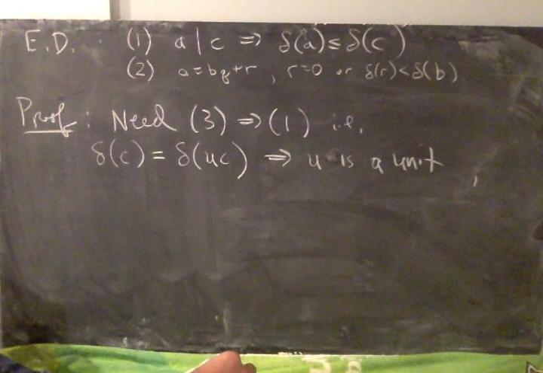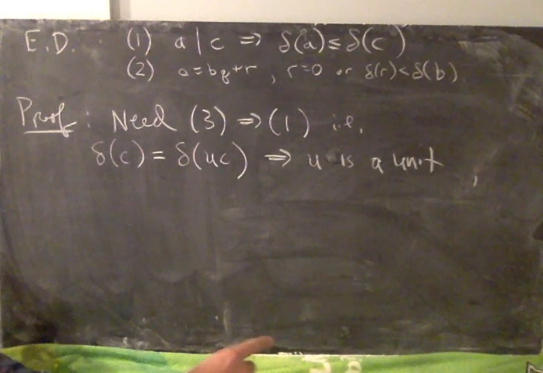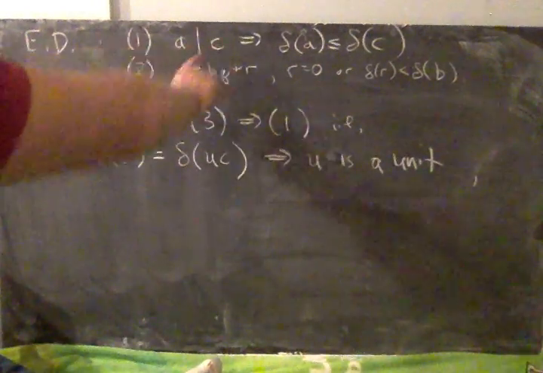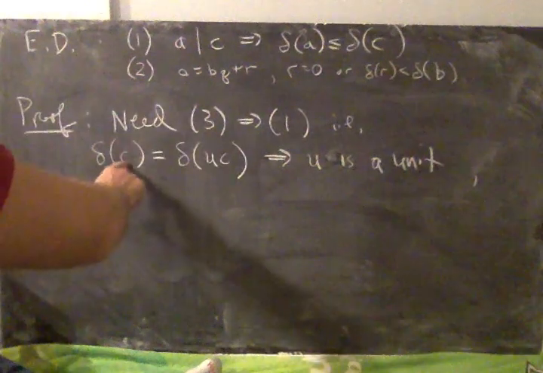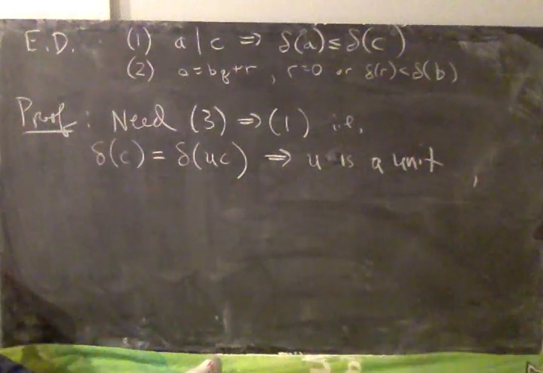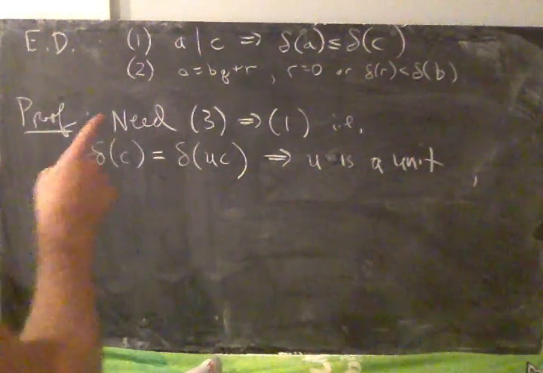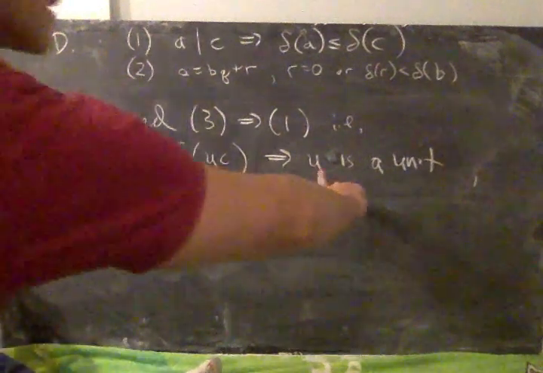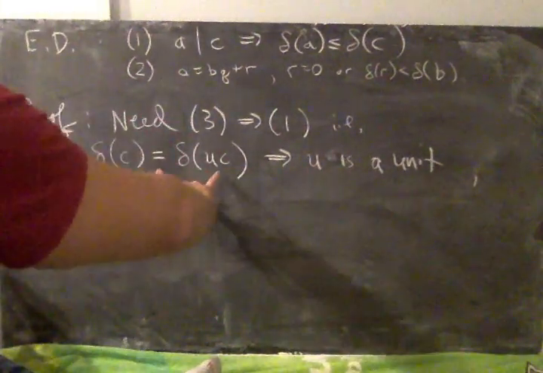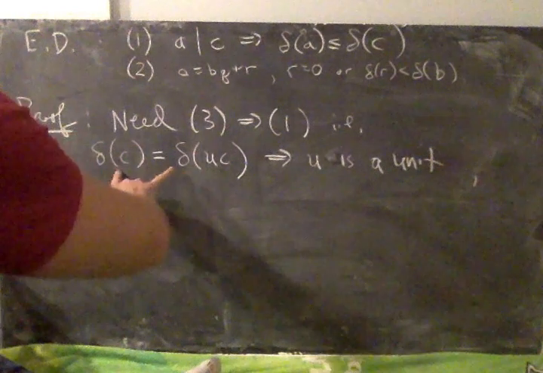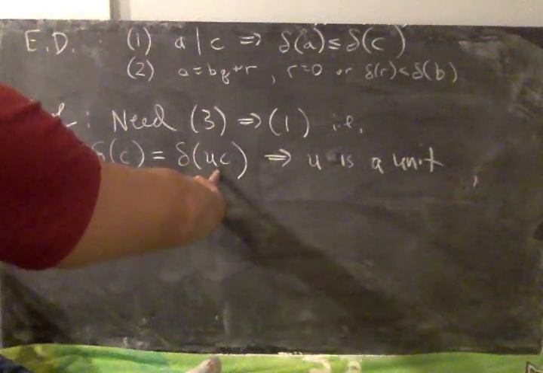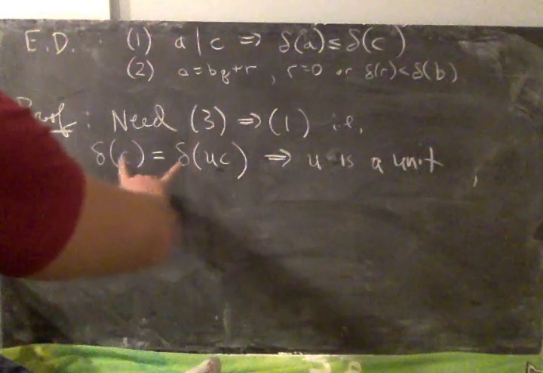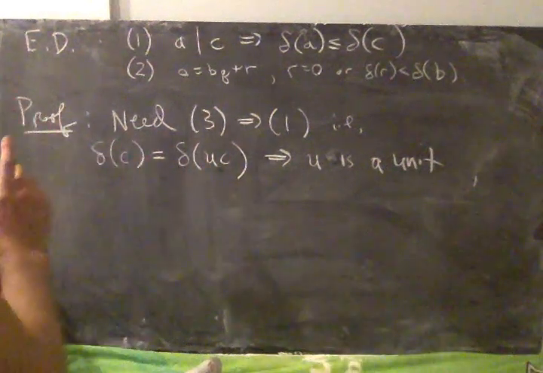So what we should be thinking about is that the main thing here is that C divides UC. It turns out it's really equivalent: saying U is a unit is really just saying that C and UC are associates. If two things are associates, then they mutually divide each other.